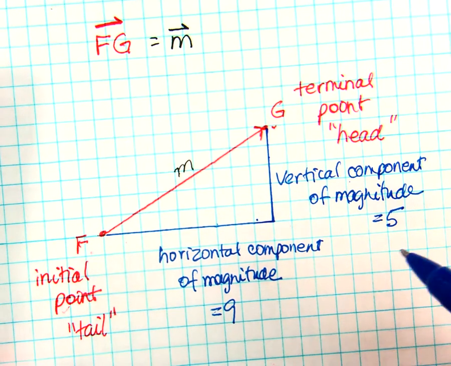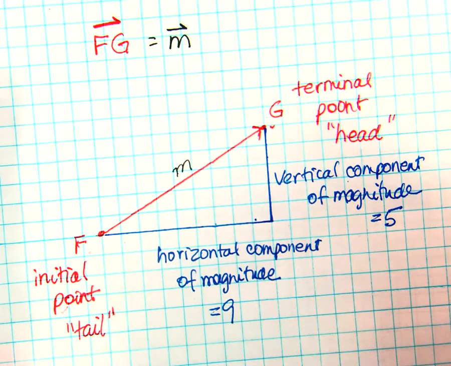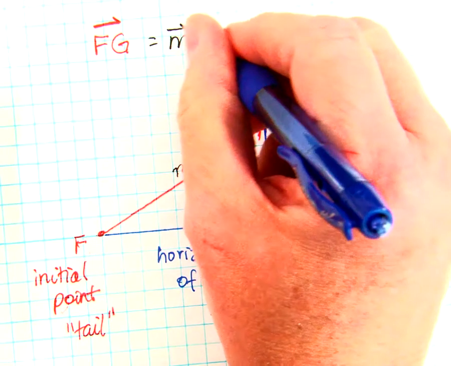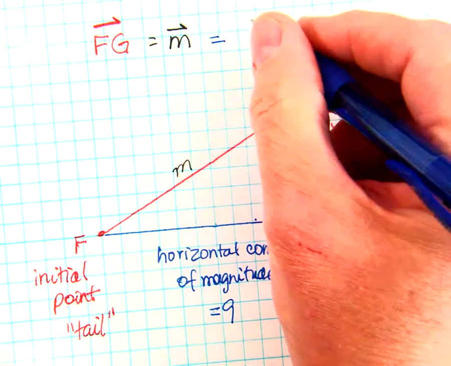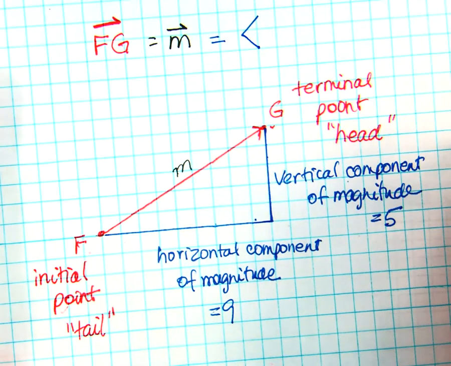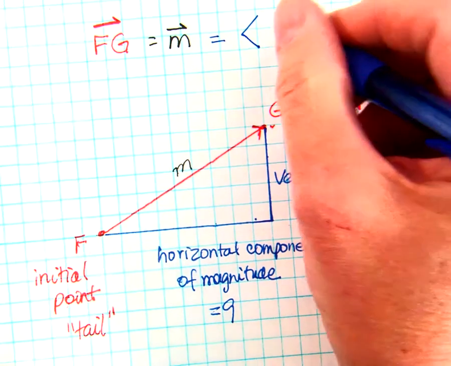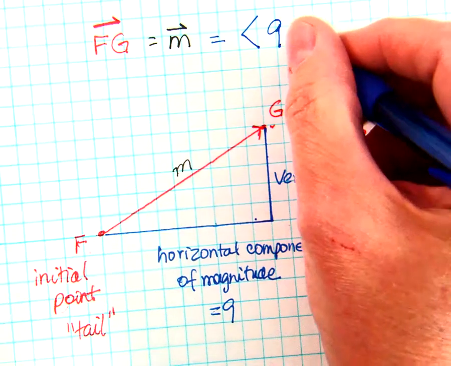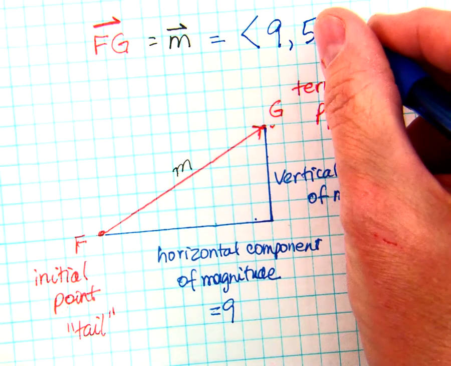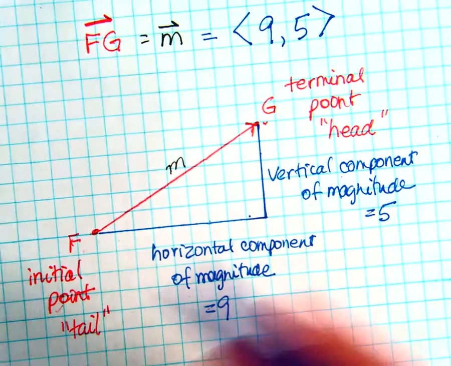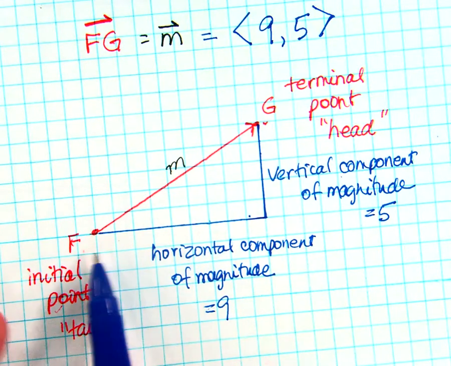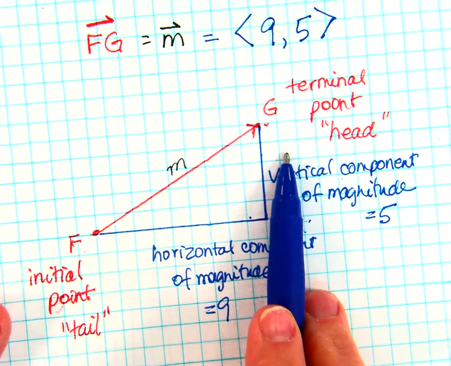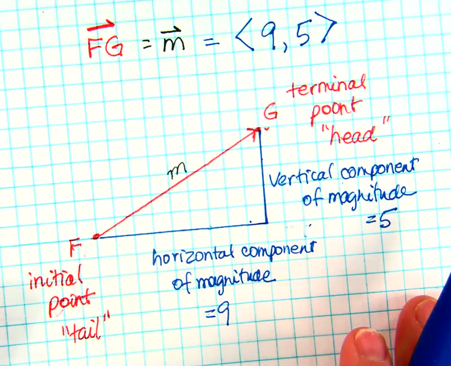Another way we can talk about this vector is with regard to its components. We'll write it kind of like an ordered pair, but we're going to put funny looking parentheses. The horizontal comes first, and then the vertical. Notice this is the same order as if this were on the x-axis and then the y-axis, but it's not because we don't have any axes.